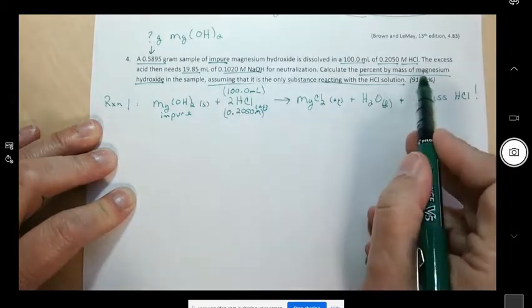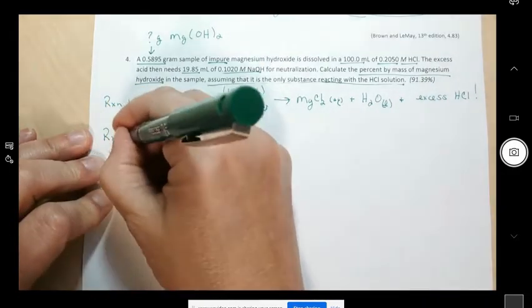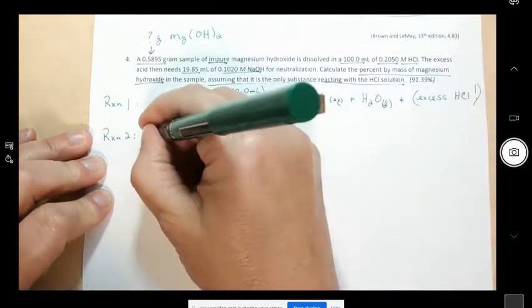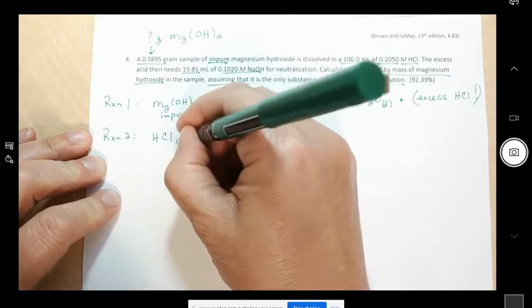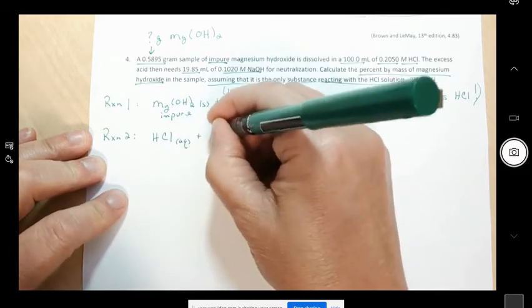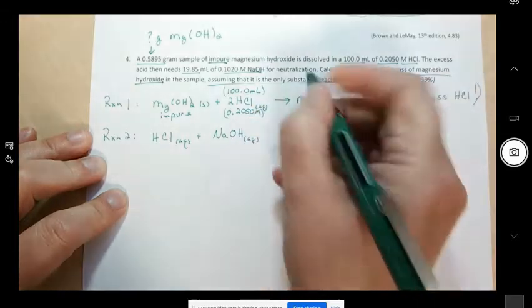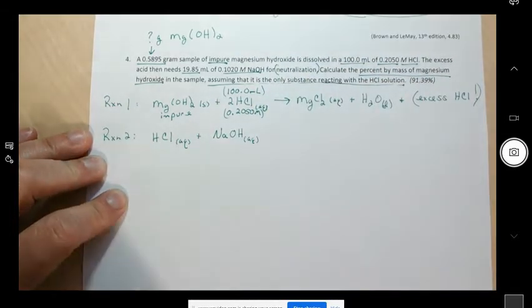Now, the second part of this, so really the second reaction, was this excess HCl. Some of that HCl then was reacted with some sodium hydroxide. And the key here is for neutralization. So we basically reacted enough sodium hydroxide to react with how much excess HCl was there.